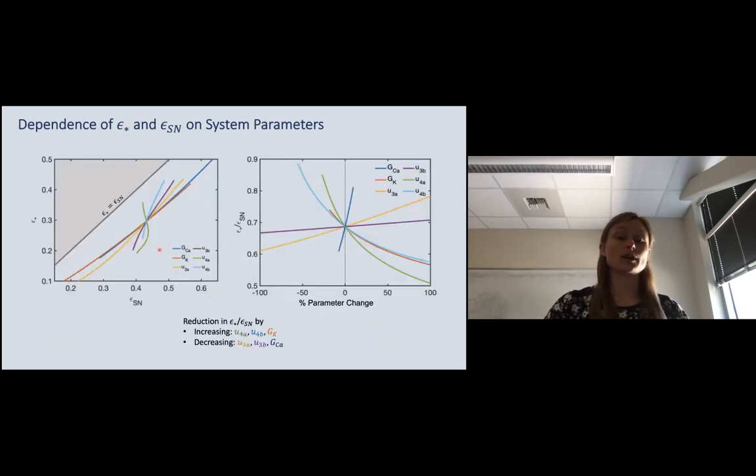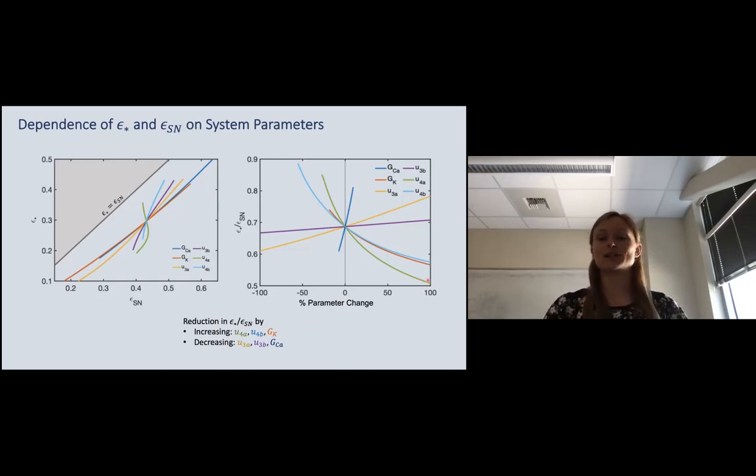And so what we can also do is look at the ratio of epsilon star divided by epsilon saddle node, so that lower values of this correspond to the 1D spiral existing for a smaller portion of that traveling wave interval. Here I'm presenting this as a percent of the parameter change so that we can get a sense of the sensitivity of the system to these parameters as well.